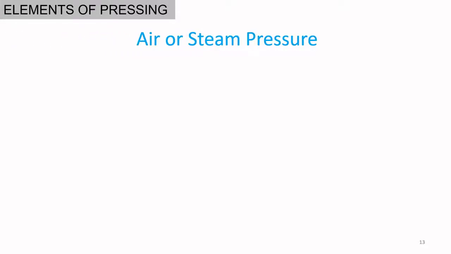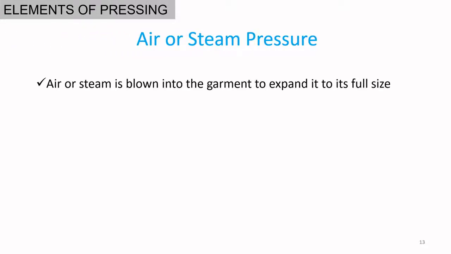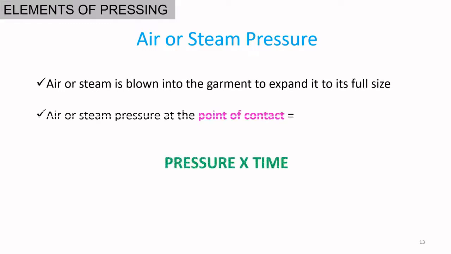Now, if you look at air or steam pressure, air or steam is blown into the garment to expand it to its full size. And air or steam pressure at the point of contact is equal to pressure into time. Imagine you have a trouser which has to be ironed or pressed.